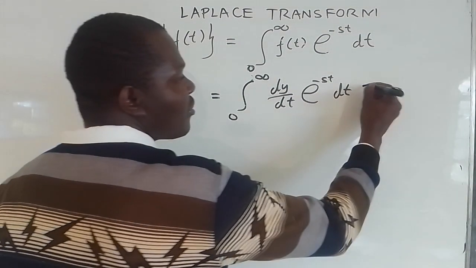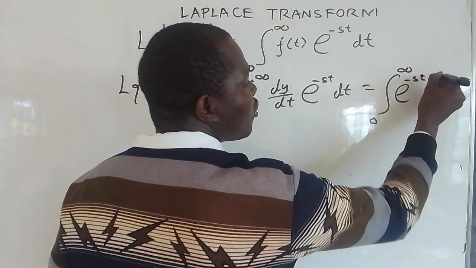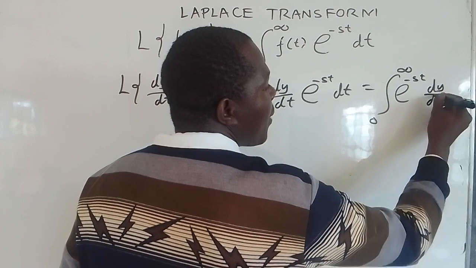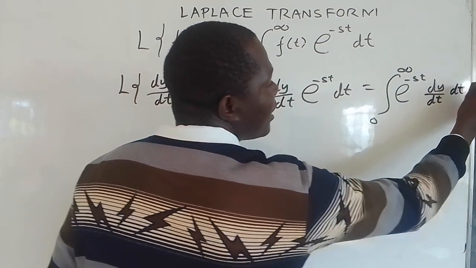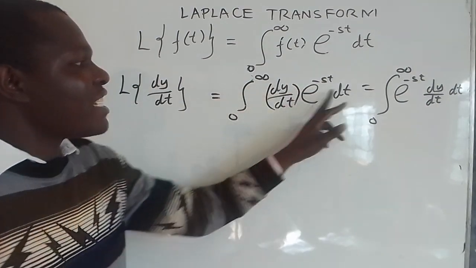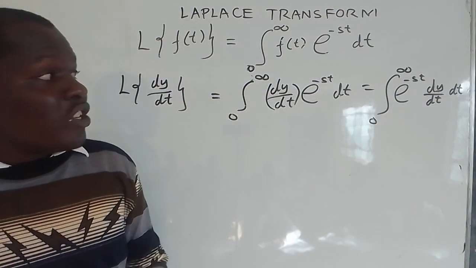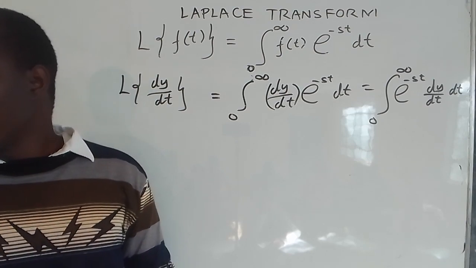So you have to rearrange this so that you are integrating from 0 to infinity exponential minus st, dy over dt, dt, isn't it? We have our dy over dt here times dt. So dy over dt must be integrated for you to get y, isn't it?